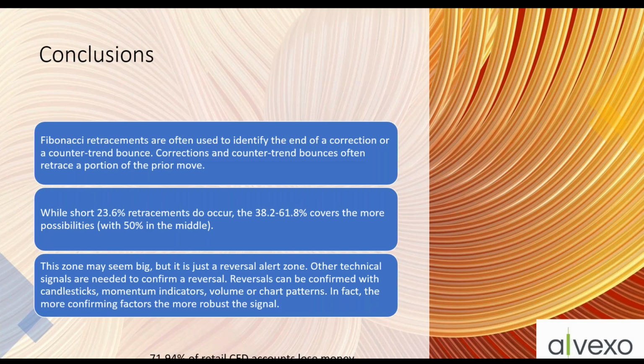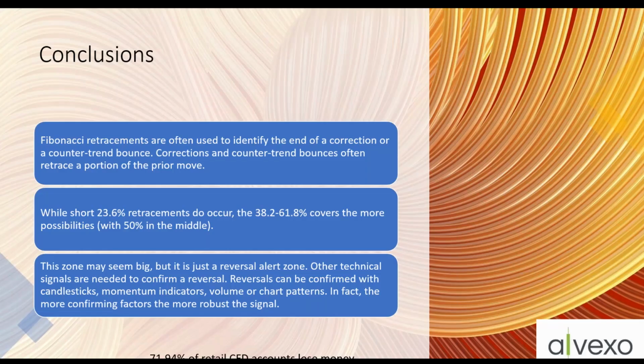Other technical signals are needed to confirm a reversal. Reversals can be confirmed with candlesticks, momentum indicators, volume, or chart patterns. The more confirming factors, the more robust the signal. I'm a firm believer in price action, but I'm also a firm believer in volume. If volume doesn't support my decision, I have to go back and reevaluate my decision.